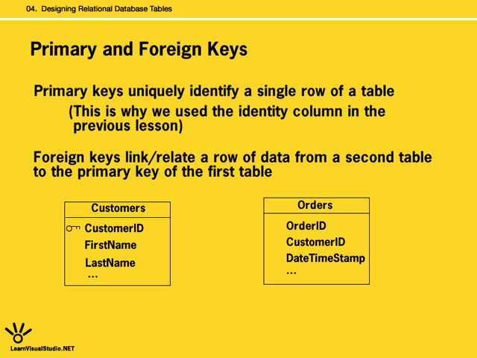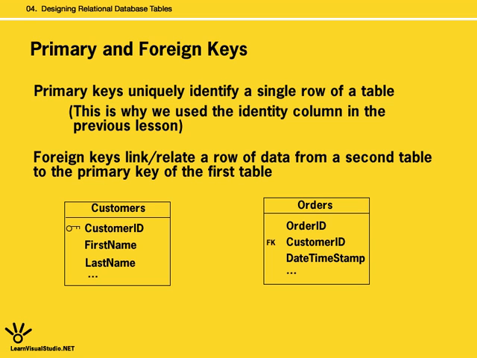So a single customer can have one or more orders. If we have a row in the customers table with a customer ID of 1, we might have multiple rows in the orders table that each have a different order ID but have the same customer ID, and that allows us to relate those two tables together.